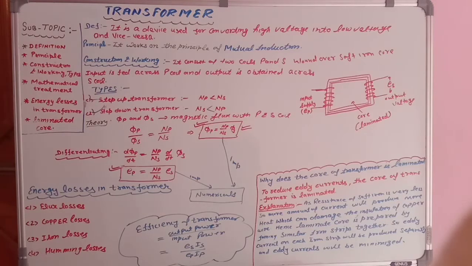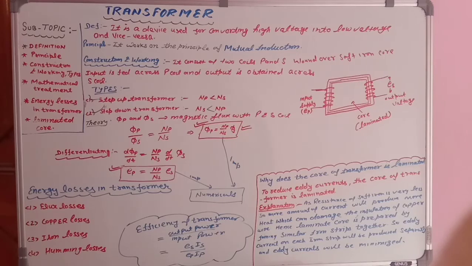Fourth one is humming loss. What do you mean by humming? Humming means just like honeybees are producing sound. That is called humming sound. If you have observed, iron is also producing humming sounds.